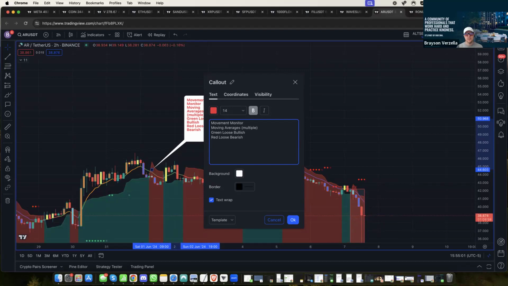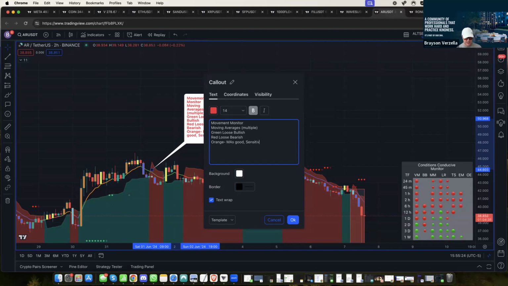So for our purposes, because we're using these algos and doing things a little differently, we're looking more for orange and blue, right? Orange for this line would mean that not only are the moving averages good, but also behind the scenes we have sensitive trend math being done.